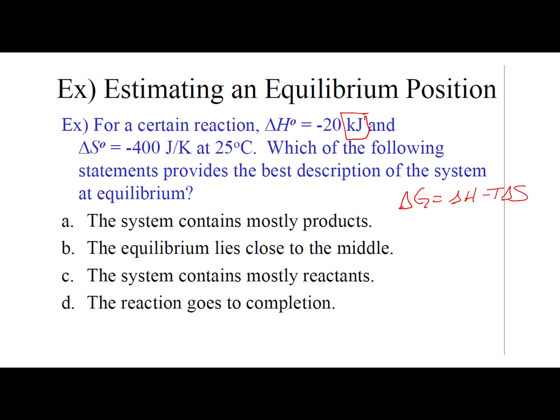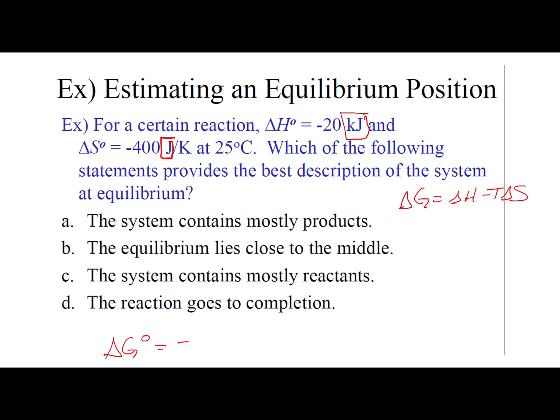Notice our enthalpies are often given to us in kilojoules, while our entropies are given to us in joules. And so it's going to become really important to convert that before you go ahead and calculate a delta G. And so let's estimate delta G0 is going to be equal to our delta H, and let's make that joules.